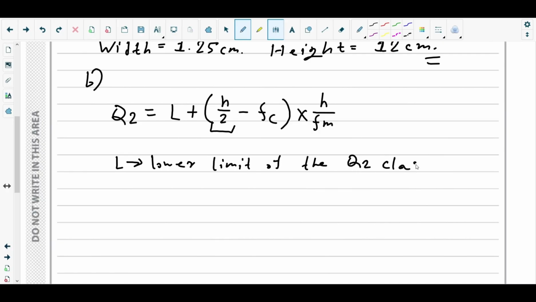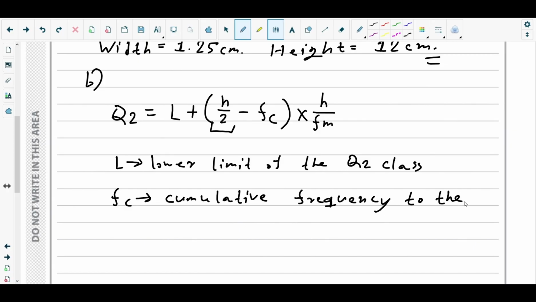So this is L. n/2 you can understand. FC is basically the cumulative frequency of the previous class to the median class.